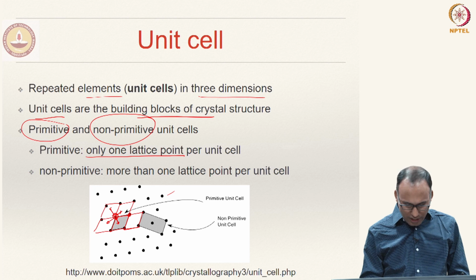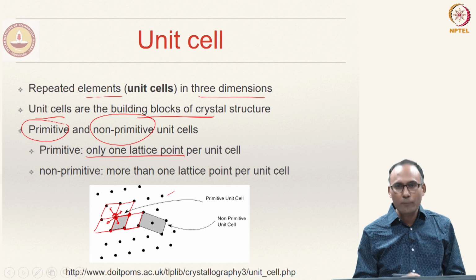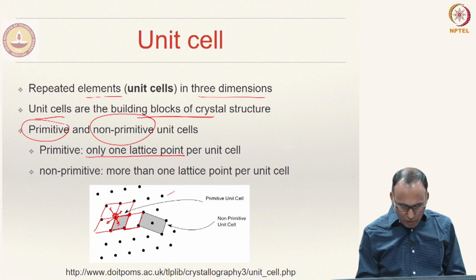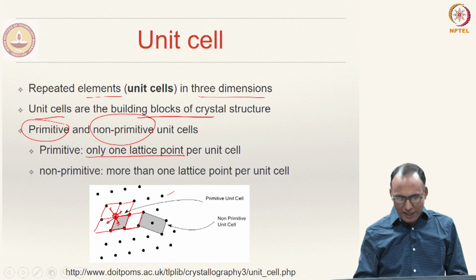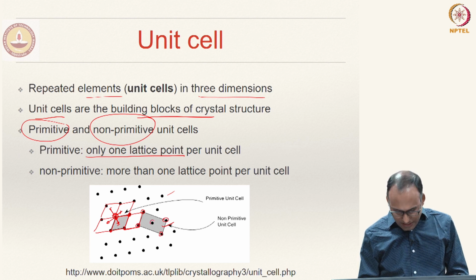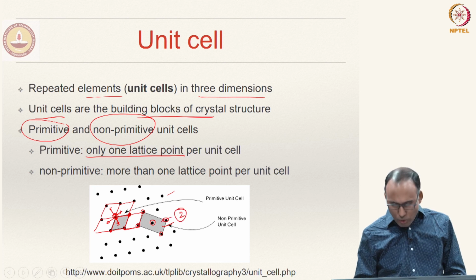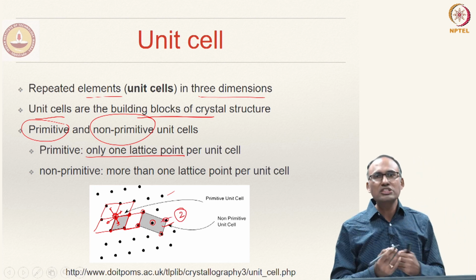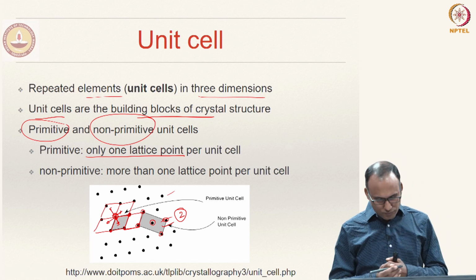Similarly, each corner atom has only 1/4 of it belonging to this unit cell. So, there are 4 corner atoms and effectively one atom per unit cell. If you take this other one, there are 4 corner atoms, each 1/4, but there is also a central atom. So, effectively you have 2 atoms per unit cell, and such a unit cell is called a non-primitive unit cell. Okay.